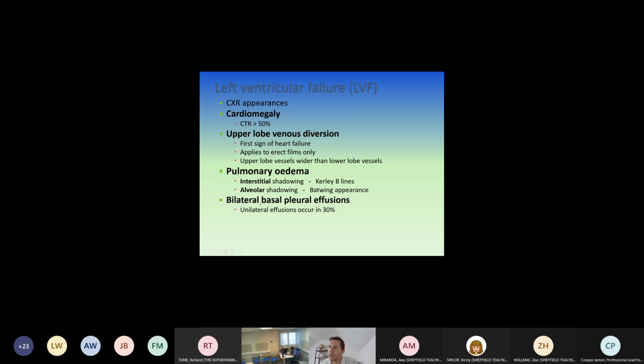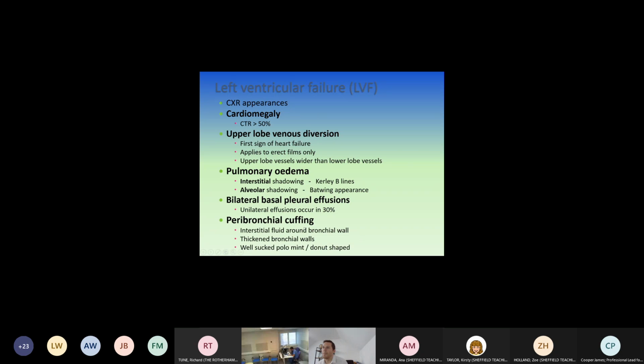We get small bilateral pleural effusions with heart failure. When these patients are in left ventricular failure, they start to accumulate fluid in gravity-dependent places. So they come in, they've got swollen calves. They come in, they've got bibasal consolidation. That consolidation usually goes to the bases, and we get bilateral basal pleural effusions. Fluid starts to accumulate in the pleural cavity as well as the alveoli.